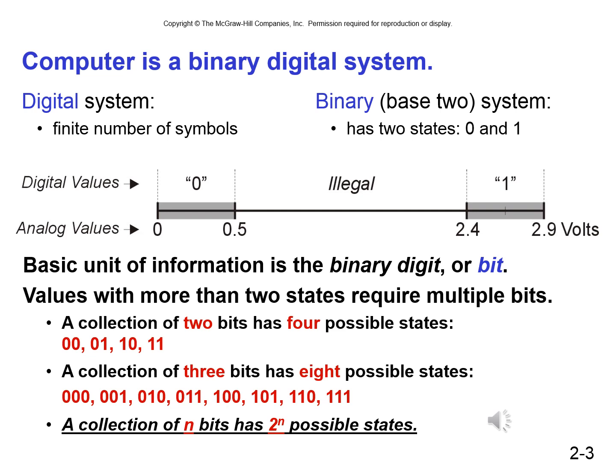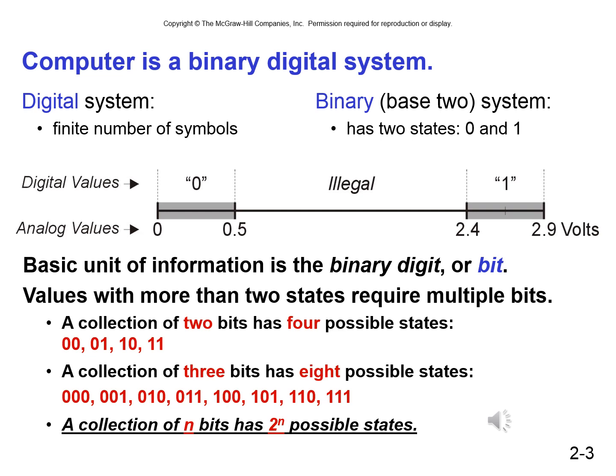Now, we're going to combine multiple bits to represent values with more than two states. So if one bit has two states, 2 bits has 4 possible states. A collection of 3 bits has 8 possible states.